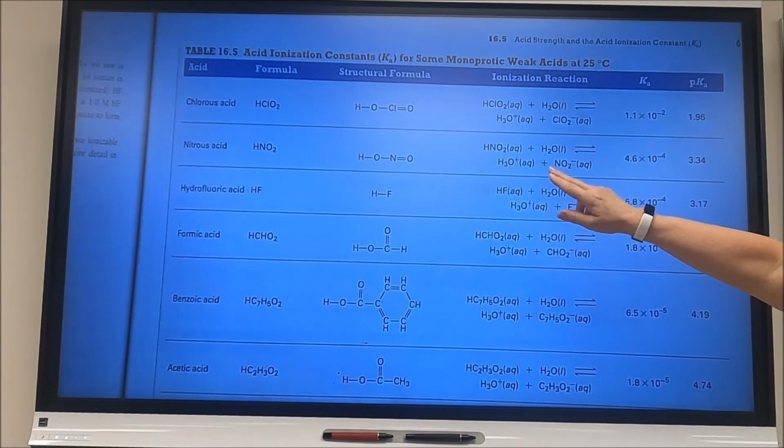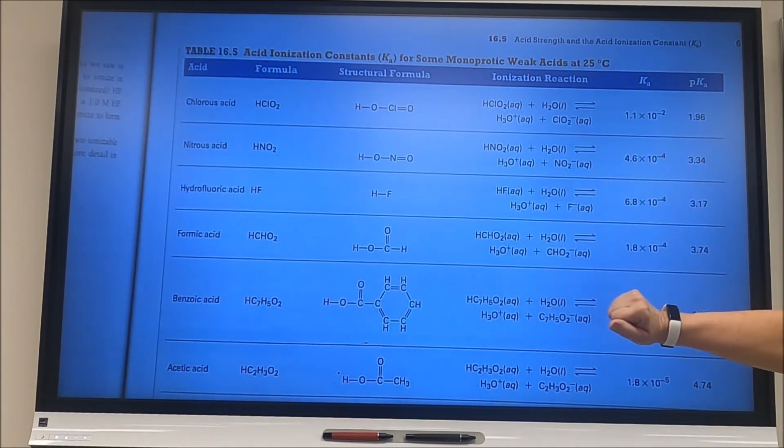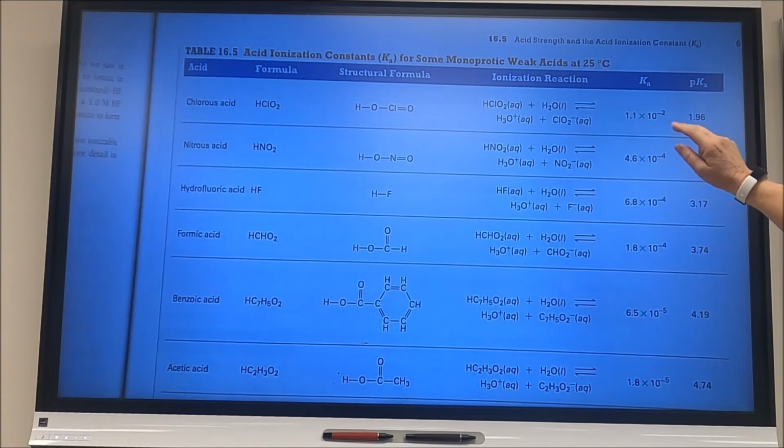So if I had a 1 molar solution of hypochlorous acid and a 1 molar solution of acetic acid, the concentration of hydronium ions in the hypochlorous acid solution is going to be larger than the concentration of hydronium ions in the acetic acid 1 molar solution. Okay?